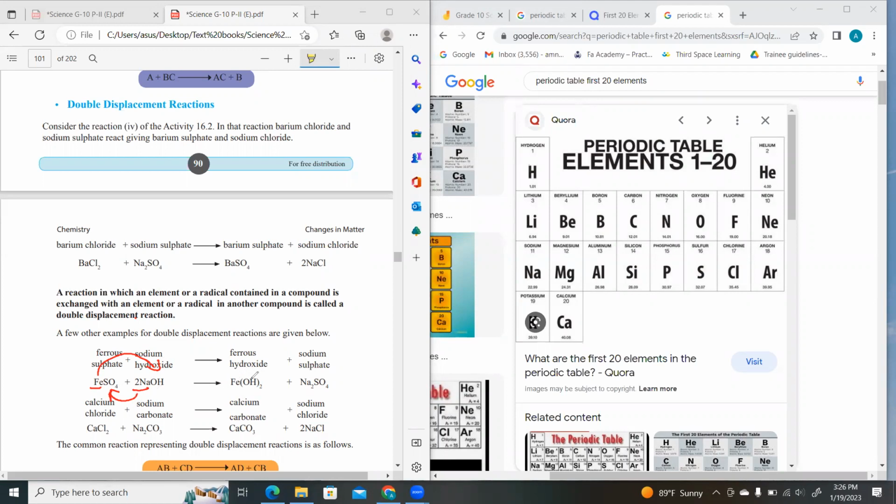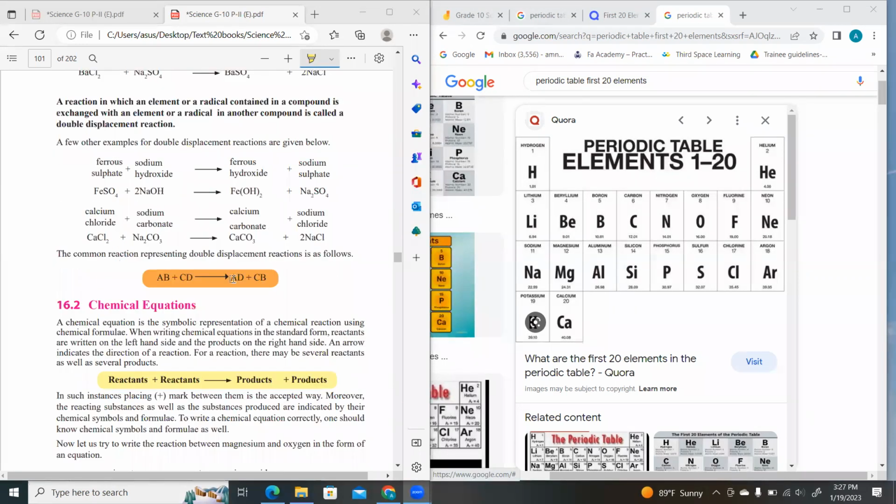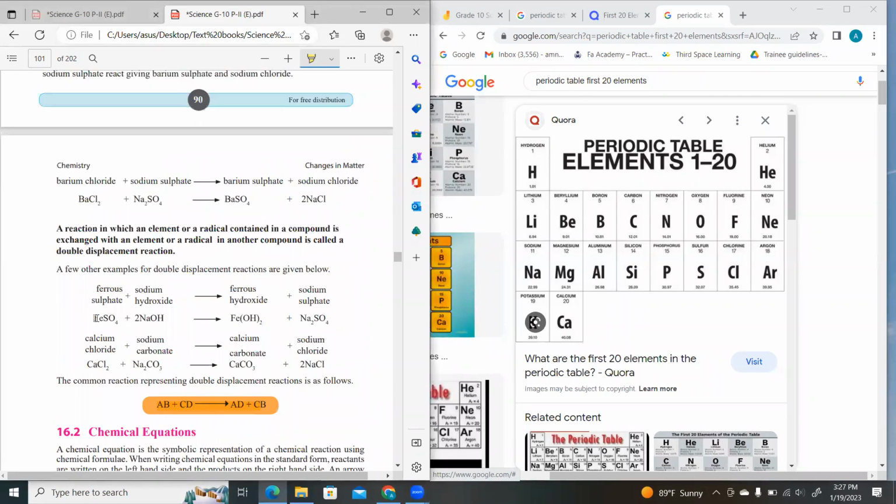If they are exchanging their partners, when Fe selects OH, sodium goes with sulfate. So those kinds of reactions are known as double displacement reactions. So you will have two reactants, and then calcium selects carbonate as the partner, sodium selects chlorine as the partner. So those types of reactions are known as double displacement reactions.